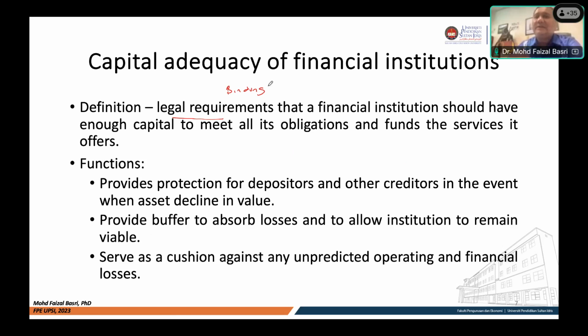So that's why it's called capital adequacy. Adequacy is adequate, right? So adequate means enough. So they need to ensure that they have enough capital, okay, to meet, like I said, all the obligations. Usually it can refer to debt, it can refer to all payments, relevant payments.